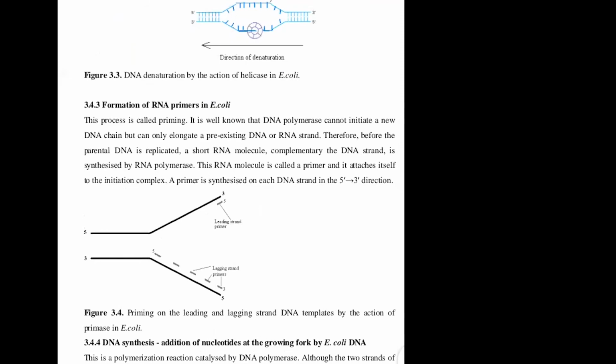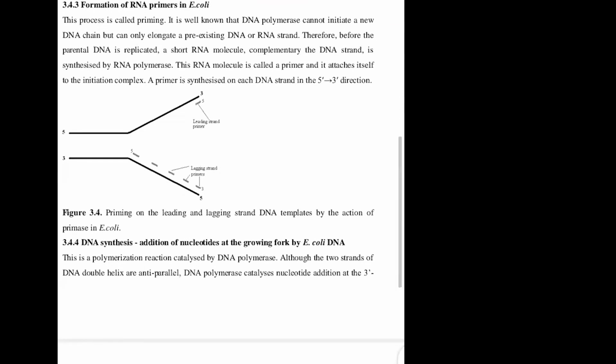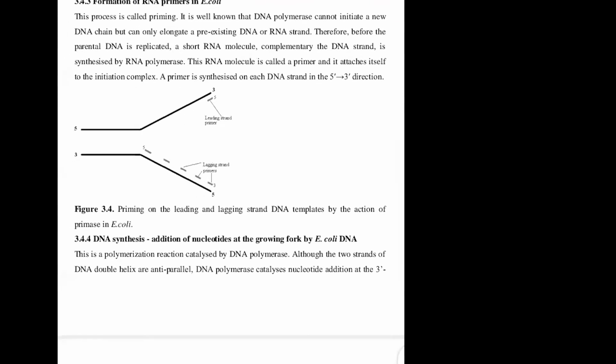Okay. After that, we've got formation of RNA primers. Now this process is called priming. It is well known that DNA polymerase cannot initiate. Remember, DNA polymerase is an enzyme that is responsible for the synthesis of DNA, for the formation of new DNA, okay?